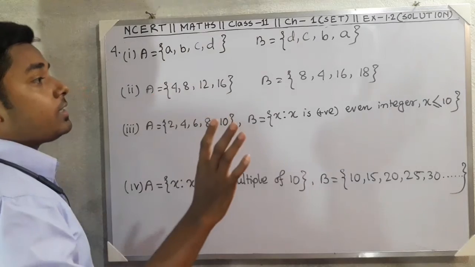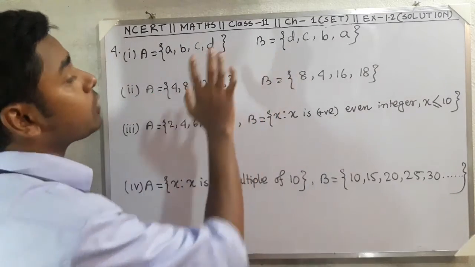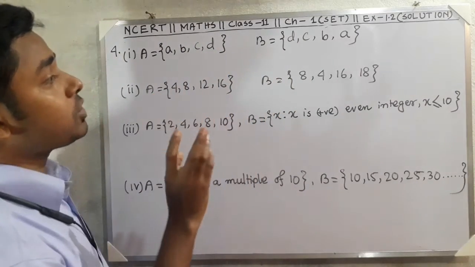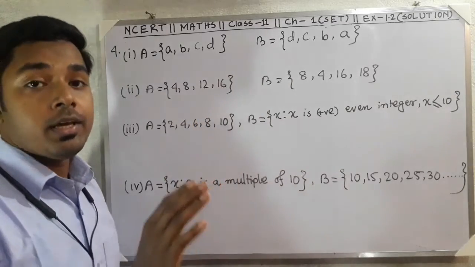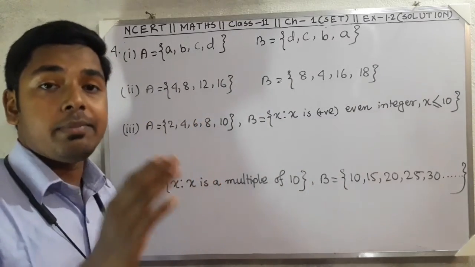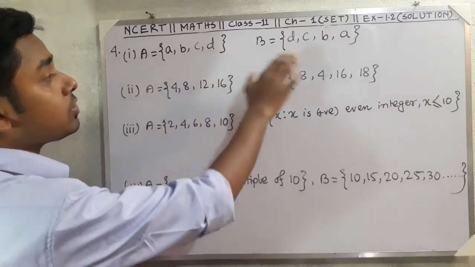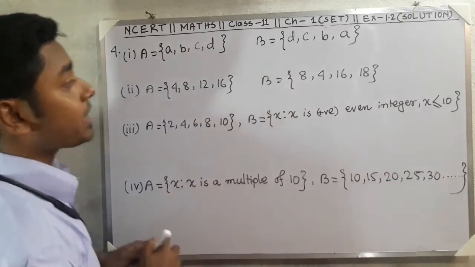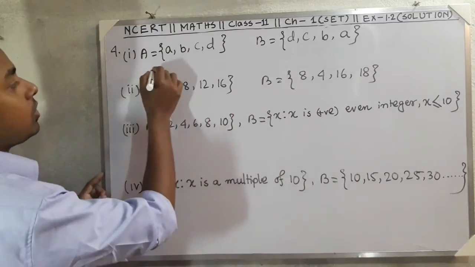And what is the identification of equal sets? We have to check whether both sets have exactly the same elements or not.